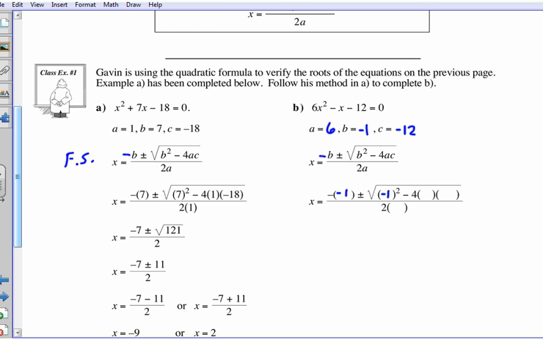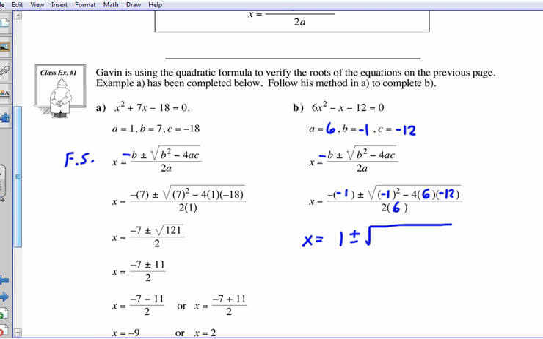B is negative 1, minus 4 times A, A was 6, times C, negative 12, all over 2 times A. So 2 times our A is 6. Okay, so we're going to simplify this. What's negative negative 1? Positive 1 plus or minus the square root.